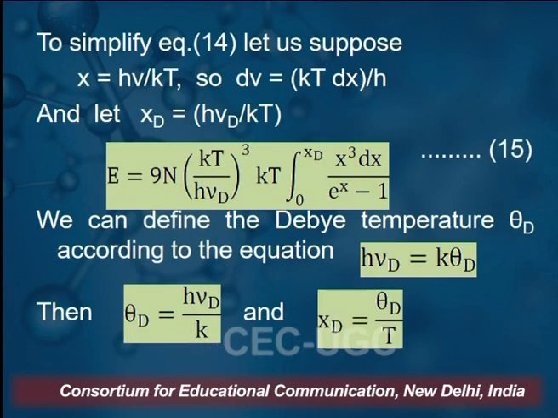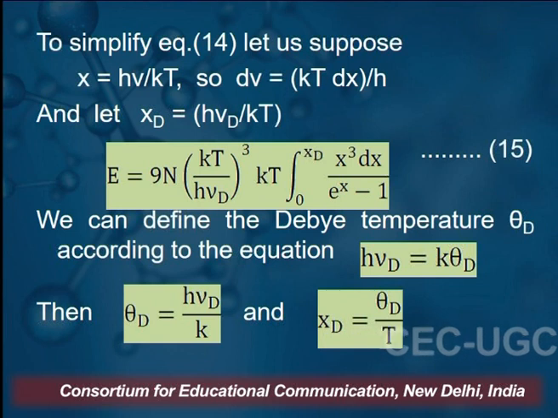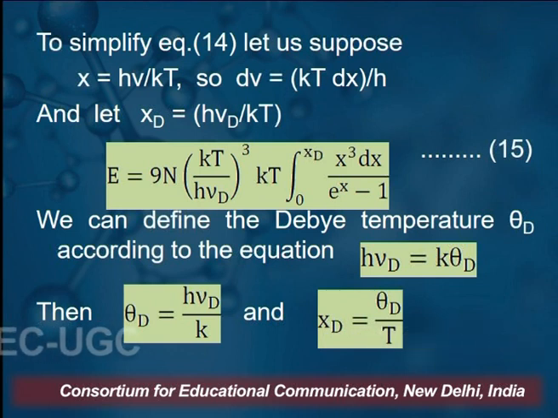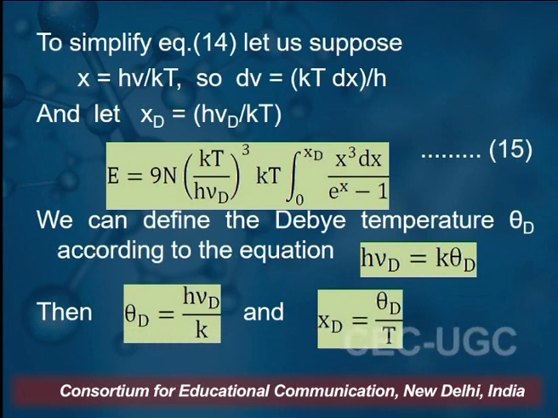If I simplify and take x equal to h nu by kT, then d nu will be equal to kT dx upon h, and x d equals h nu d upon kT. Then this equation will take the form E equals 9nkT by (h nu d) whole cube into kT, integral from 0 to x d of x cube dx upon e to the power of x minus 1.